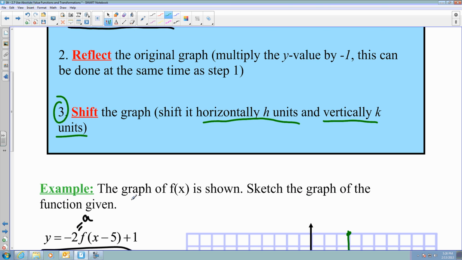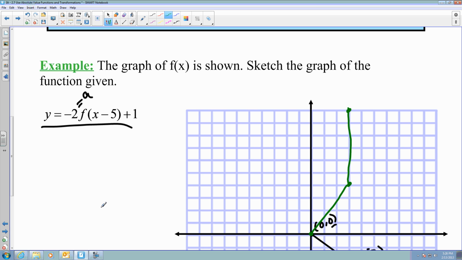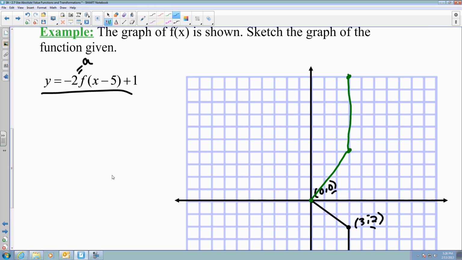If I go back to my original equation, I'm going to change the color here. I'm going to say that h equals 5 and k equals 1. That means that each point that is now in green, I'm going to shift 5 units to the right and 1 unit up to make my new graph.